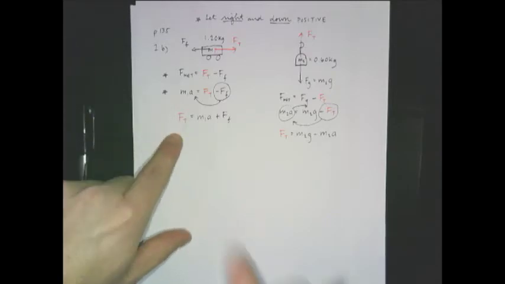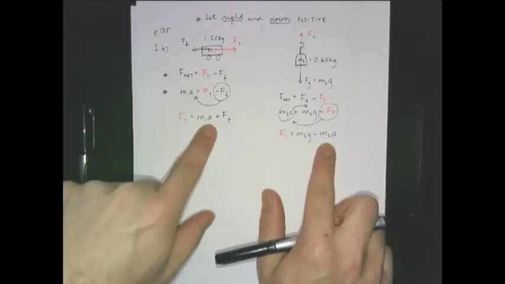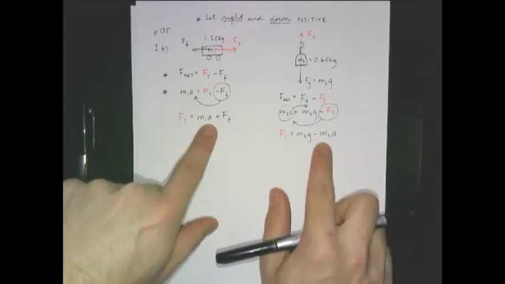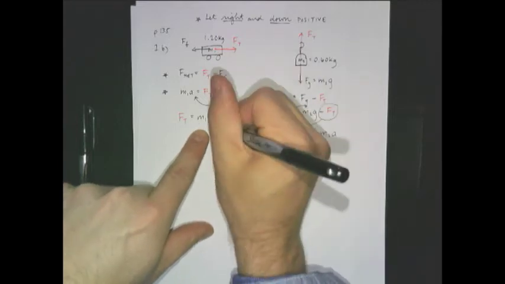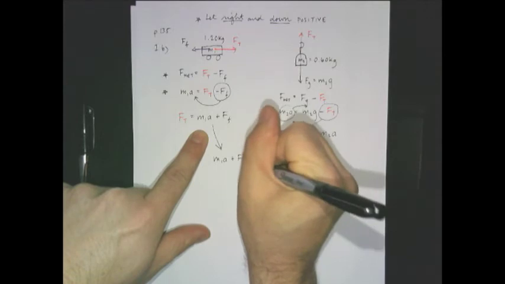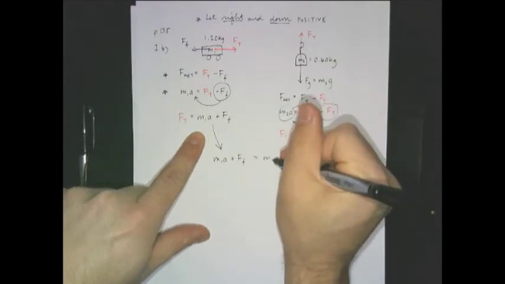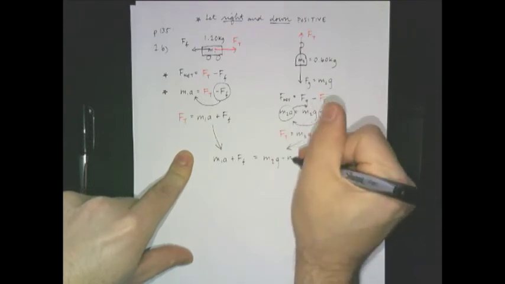So tension equals this, and tension equals that. That must mean that this is equal to that. So we're going to say that this, m1a plus force of friction, is equal to this, m2g minus m2a.